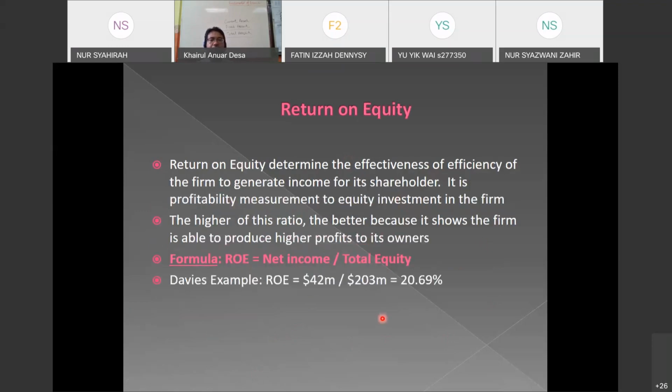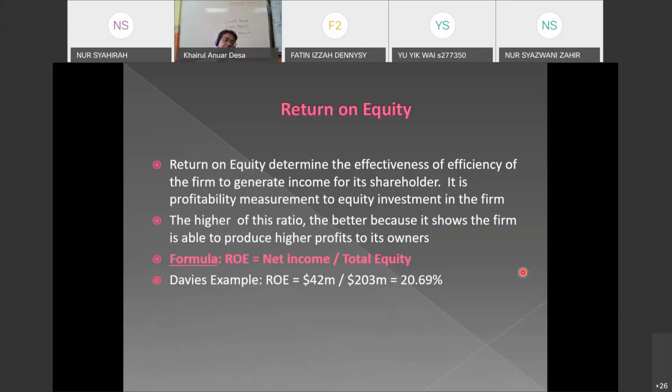Okay, the next one is the return on equity. Return on equity also one of the aspect or one of the ratios always seen by the investor before they decide either to invest or not to invest in the company.